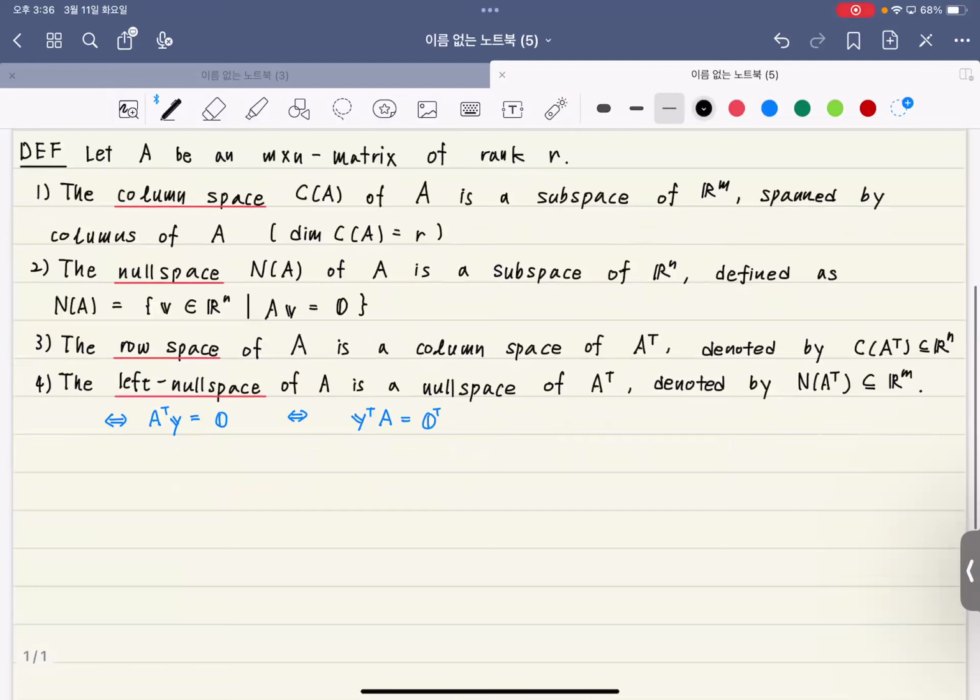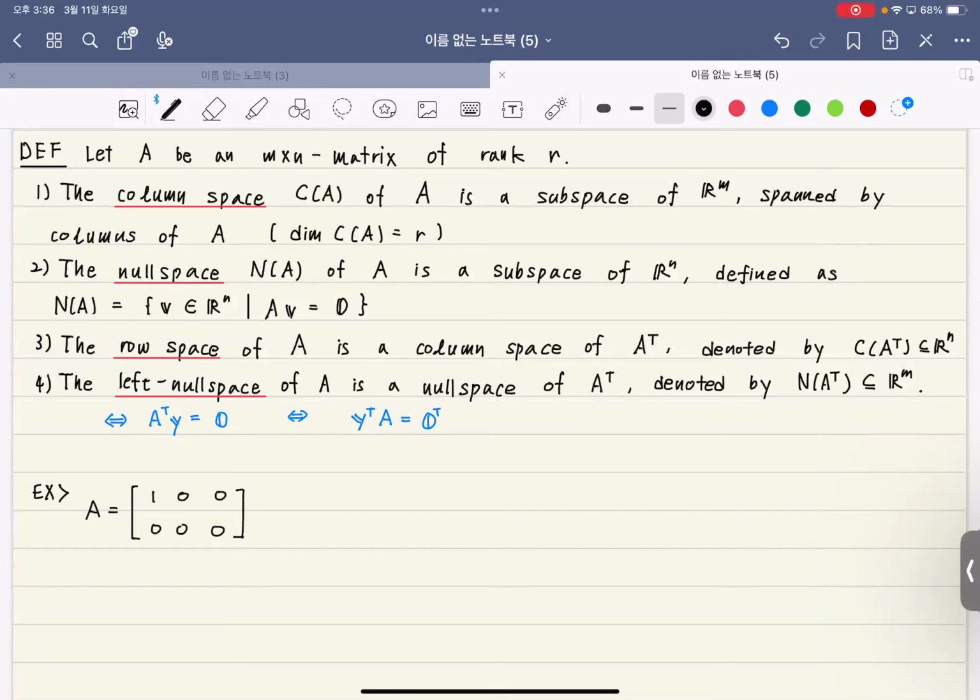All right. Let me try to understand these four spaces. Let me try to write down each of these four vector subspaces of a matrix. Every matrix has these four subspaces.